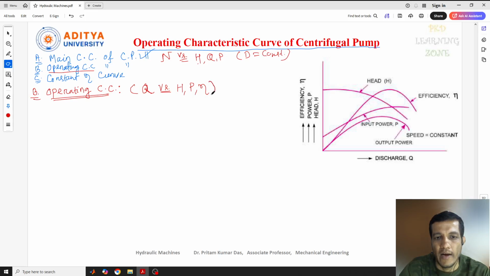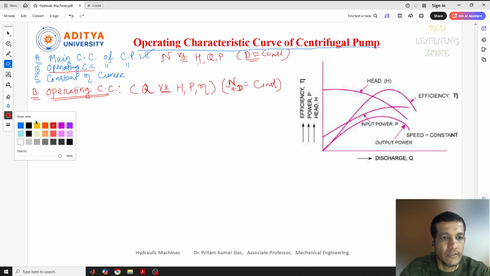In this condition, we need to consider the speed and the diameter of the impeller as constant. For all these conditions, the speed of the pump and the diameter of the impeller are constant.